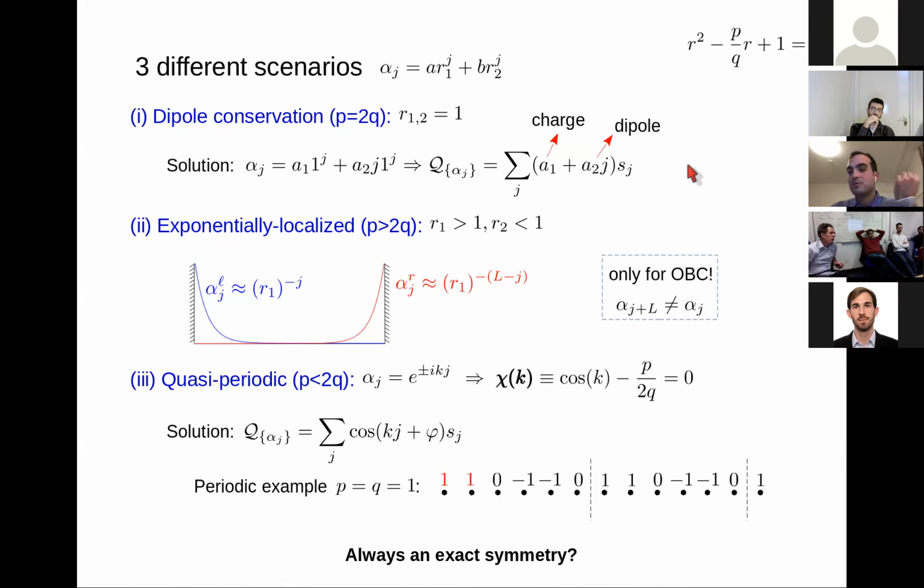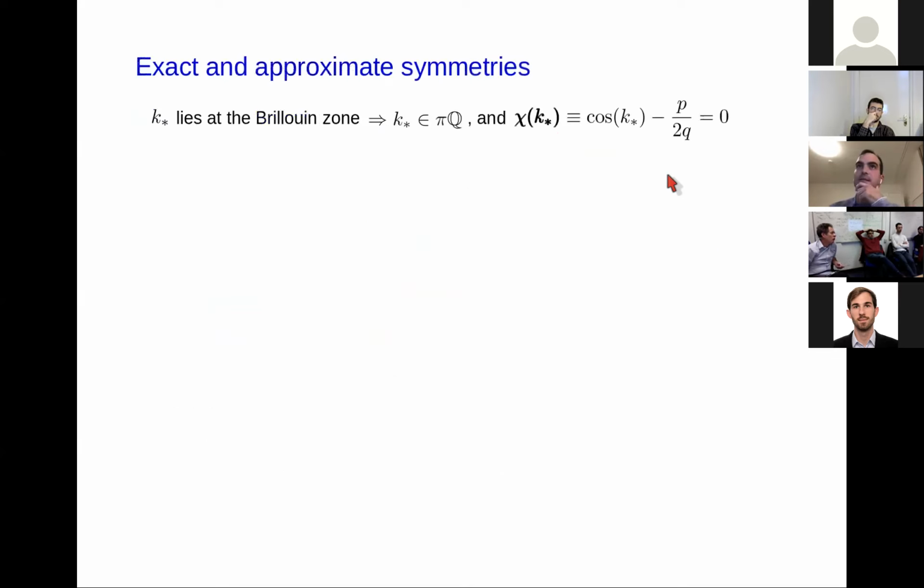However, now you may wonder how general this is, because in principle, I could make any choice of P's and Q's, and it doesn't need to be the case. So if you want this to be a symmetry, you at least want to impose that this lies in the Brillouin zone, which means that this should be a rational multiple of pi. And now you find two possible answers.